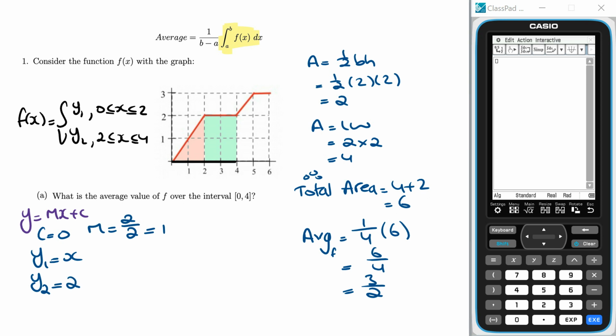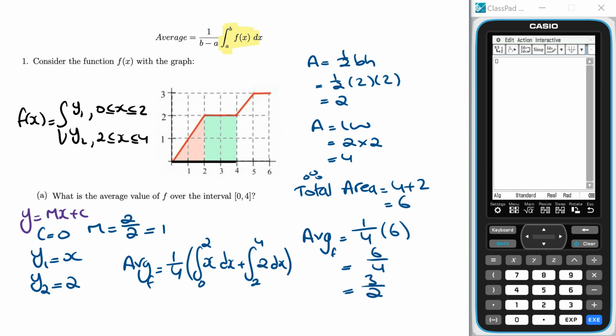Now that we have the rule for f of x, we can substitute this into the average value formula and then evaluate. And so the average value is going to be 1 on b minus a, which is going to be 1 on 4, multiplied by the integral from 0 to 2 of the first line, which is the line x dx, plus the integral from 2 to 4 of the second line, which is going to be the line y is equal to 2.